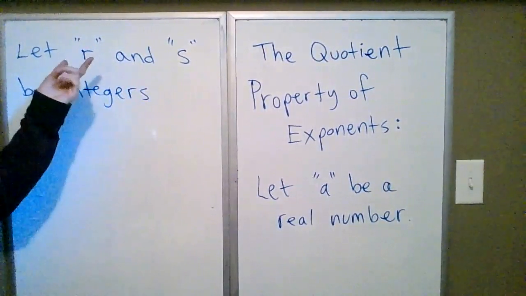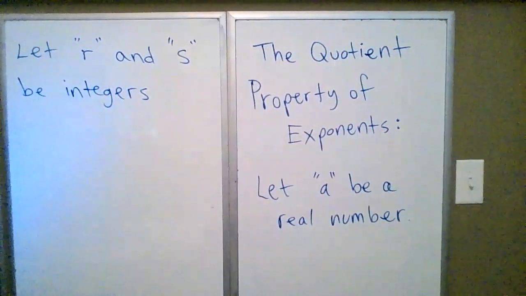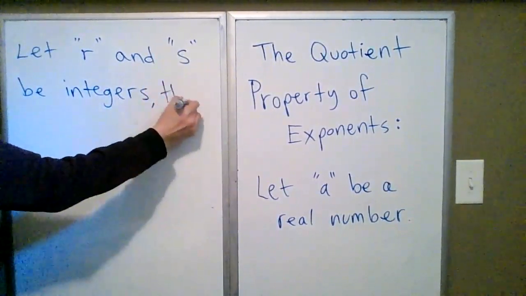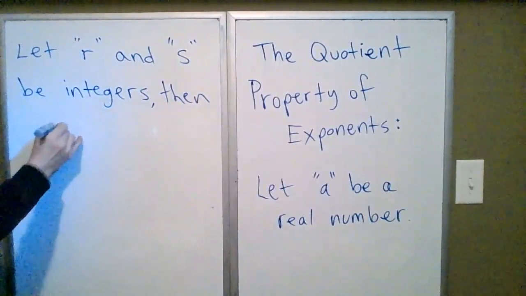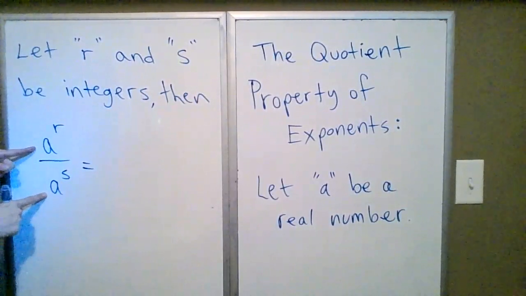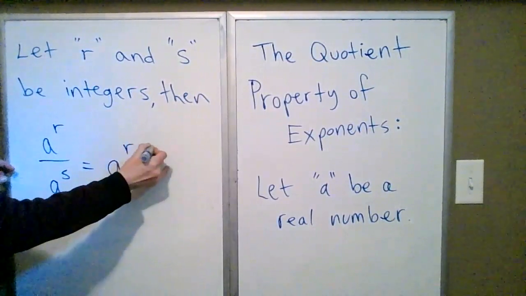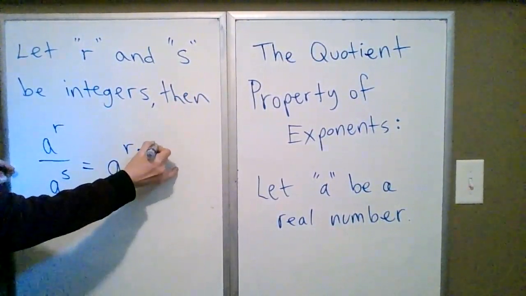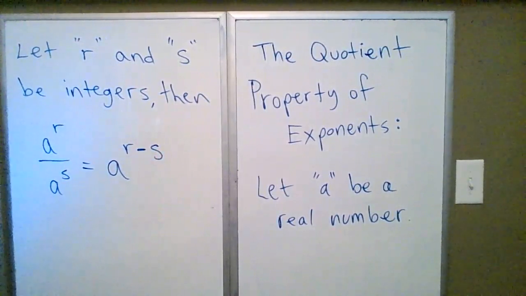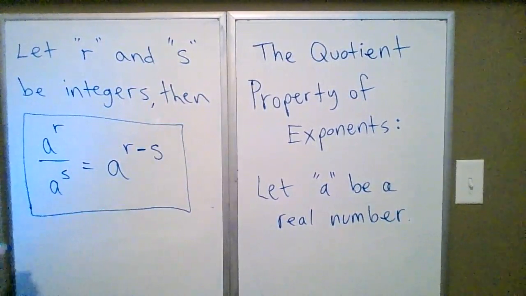And just put quotes there so that the letter stands out. It's easier to read, I think, if there's a little space. Anyway, when you have a to the r divided by a to the s, you use the same base of a, and the power is r minus s. And since you don't want to divide by 0, we're going to note that a does not equal 0.